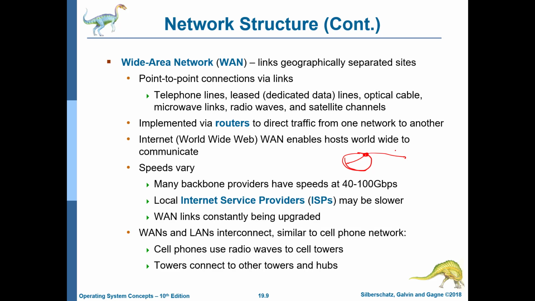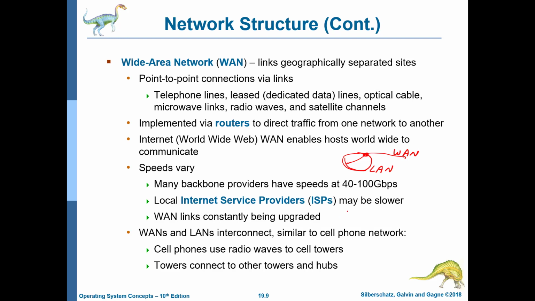The local internet providers, or the local ISPs, may be much slower, but the backhaul links are typically much faster, and they are also constantly getting upgraded. So the WAN and the LAN, they of course interconnect, and the interconnecting server is typically known as the gateway.